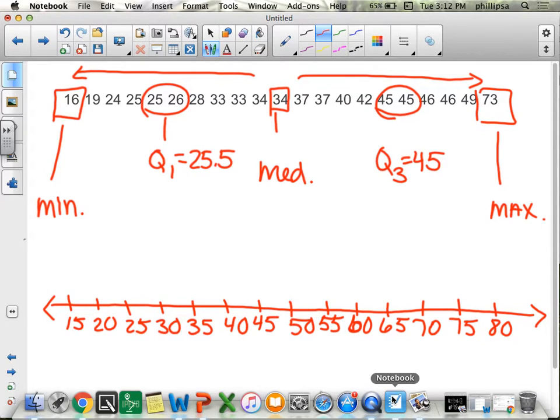So my central box is around 25.5 and 45.